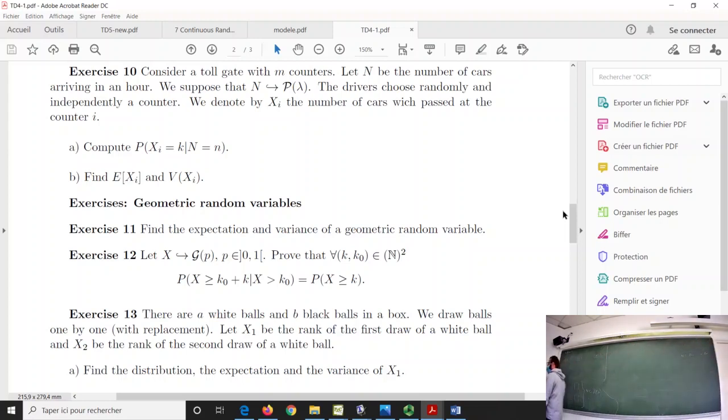Of course, the number of cars that choose counter number i depends on the total number of cars I have at the beginning. So try to think about this situation and what concretely happens, to try to compute something.